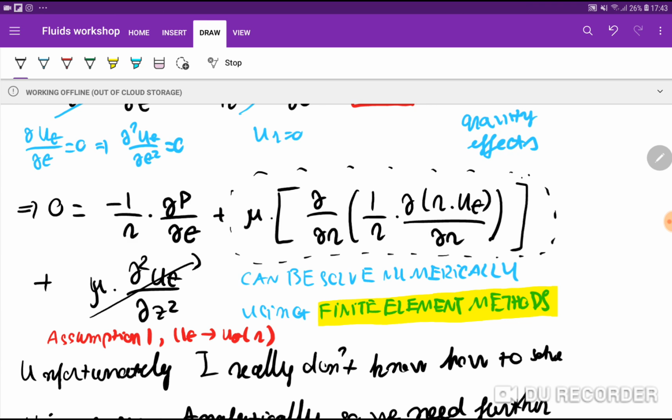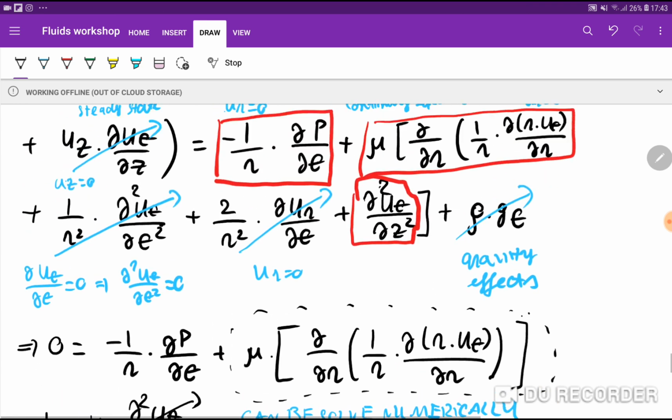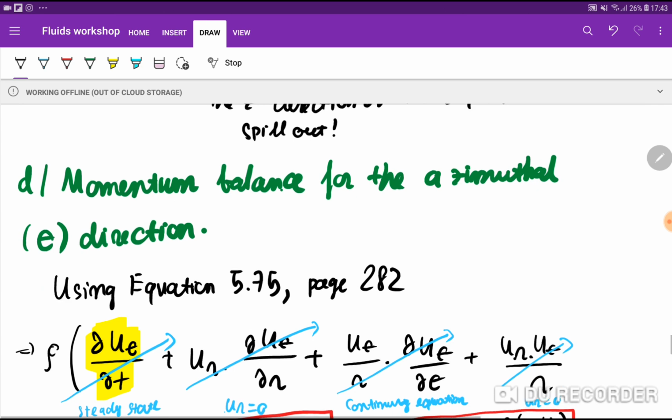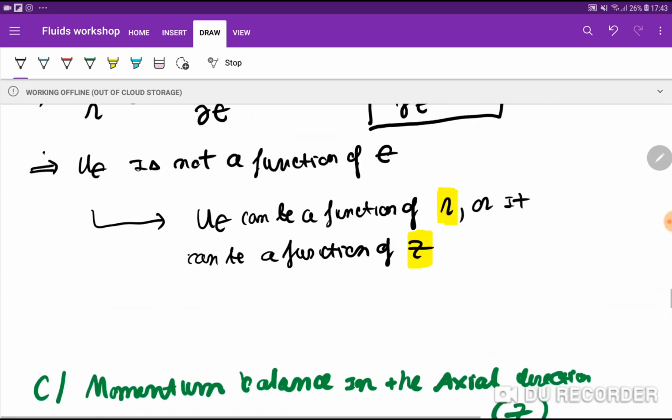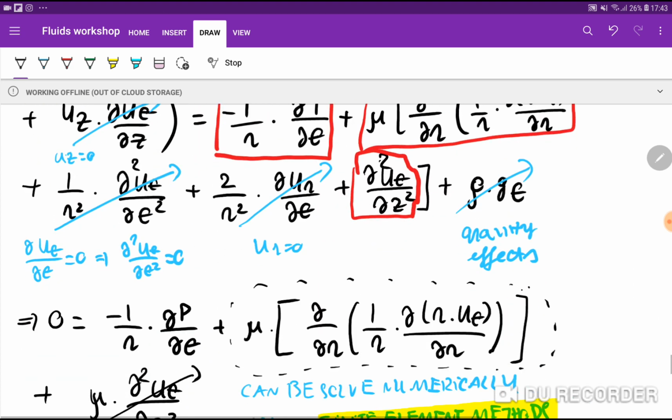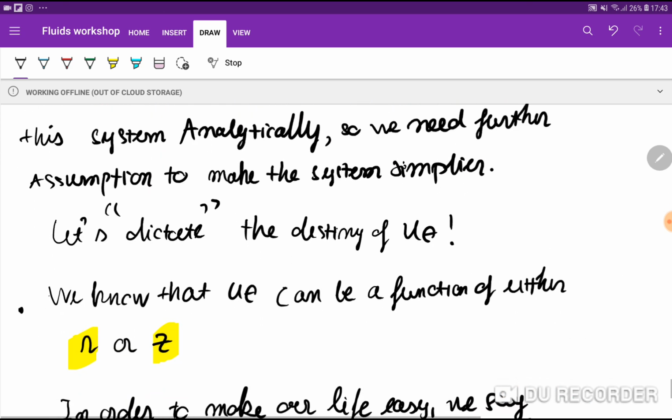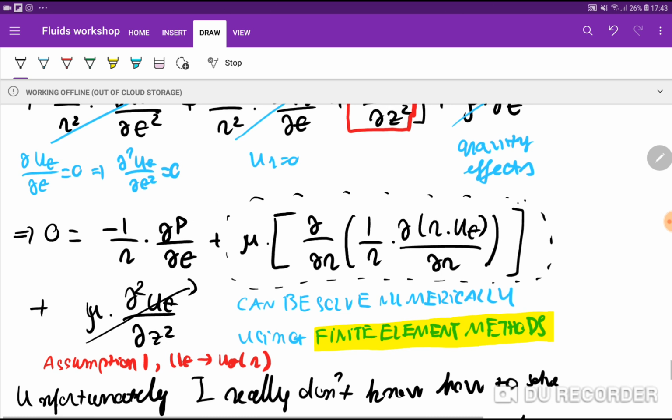Let me see the previous analysis. Yeah, so we can say there are no pressure variations. That's the second assumption.